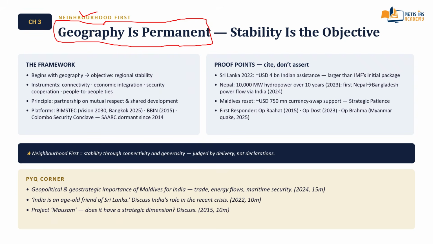Coming to the fourth pillar, security cooperation. What is security cooperation? Many security challenges in South Asia are transnational. What is that? Transnational, like terrorism, illegal trafficking, drug smuggling, cyber crime, human trafficking, maritime security, and natural disasters.